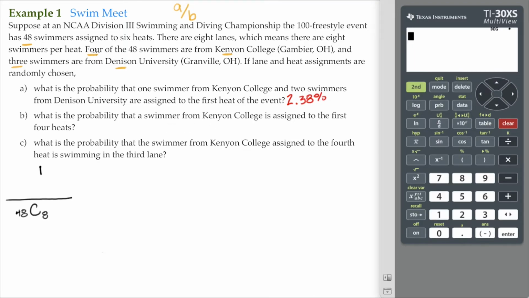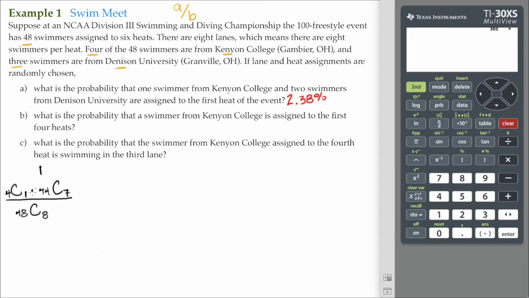There are 4 to choose from, so that's 4 choose 1. And then we have all the other lanes to fill. So that's going to be 44 choose 7. Again, our subscripts 4 and 44 should match the subscript of the sample space, and our R's, 1 and 7, should match 8.